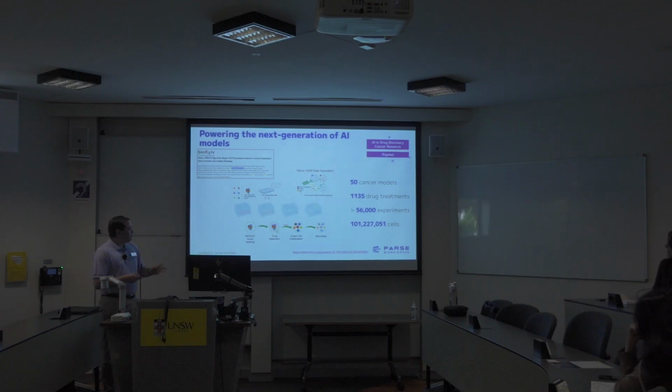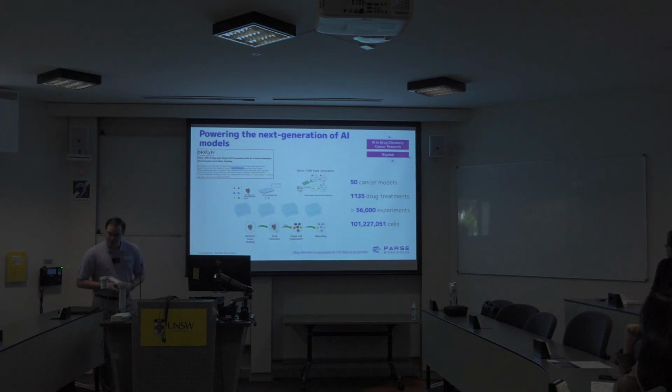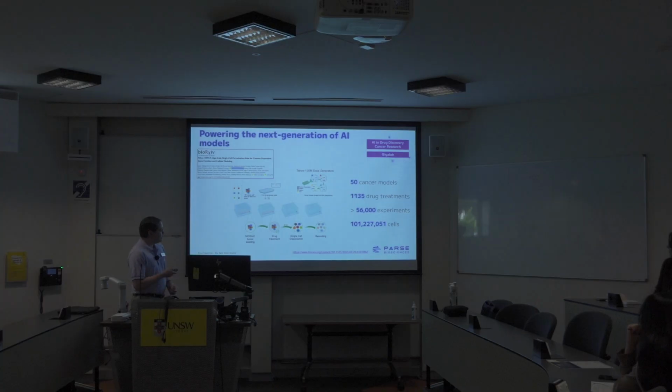This is a major atlas project run by Tahoe Therapeutics with over 50 different cancer models multiplexed together, over 1,100 drug treatments, over 56,000 individual experiments and drug treatments, culminating in this massive 100 million cell data set to train AI models on how cancers react to different drug treatments and combinatorial drug treatments.